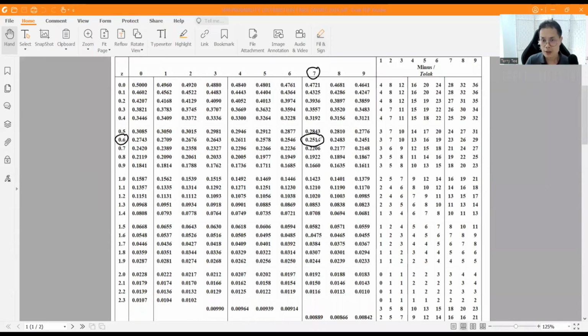I need to minus 14 to get 0.2500, but I don't have 14 here, so I go to 13. Then you add the number on top, which is 4. So how do you read this? 0.674.